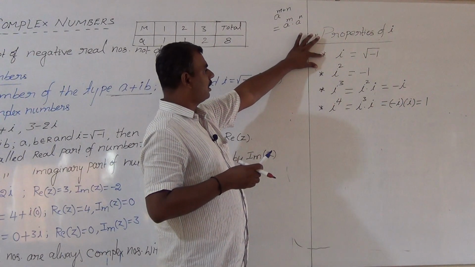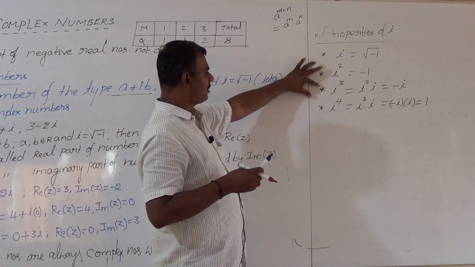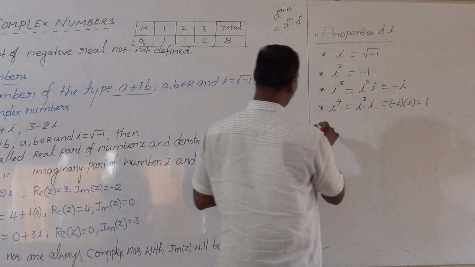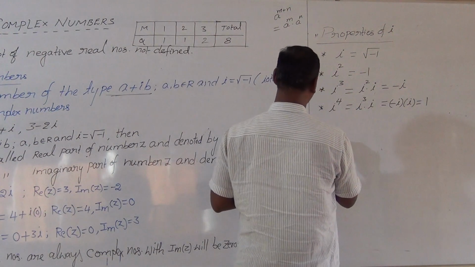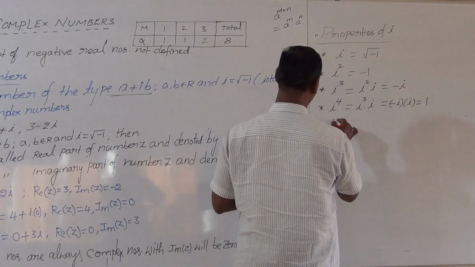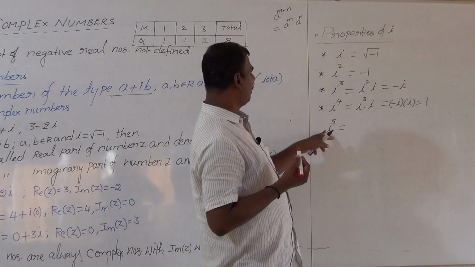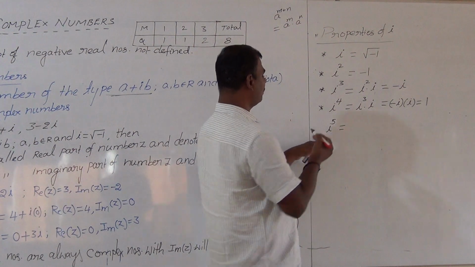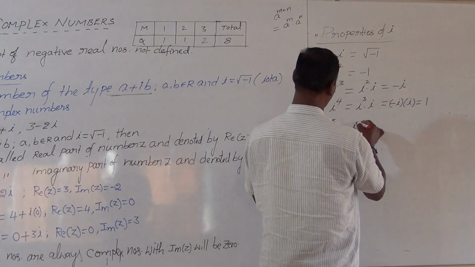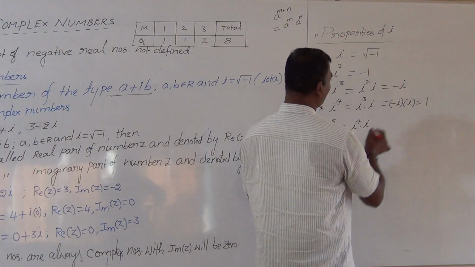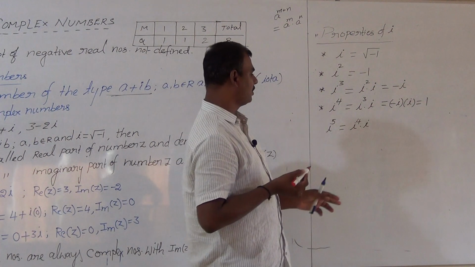See here: iota, iota square, iota raised to 3, iota raised to 4. Next, let us see some more examples. Iota raised to 5, what happens? Iota raised to 5 is equal to iota raised to 4 into iota. Do we know the value of iota raised to 4?